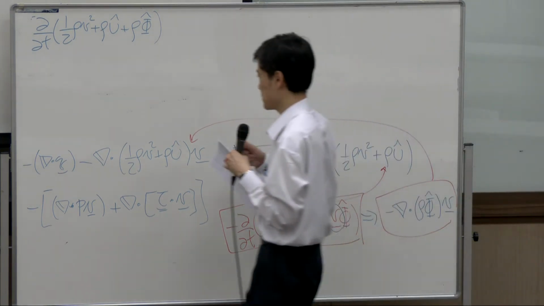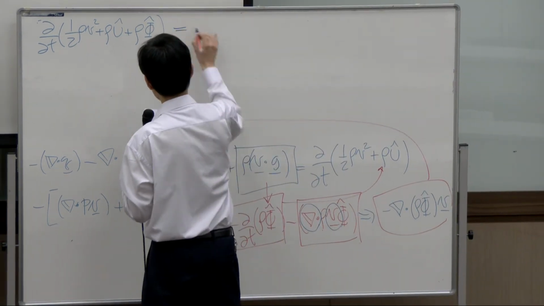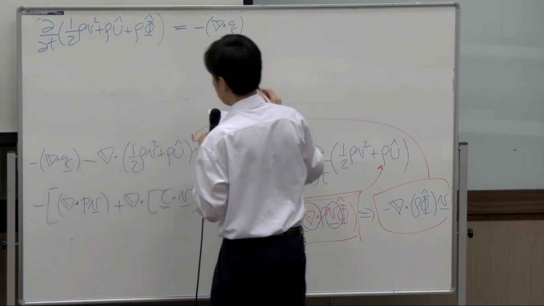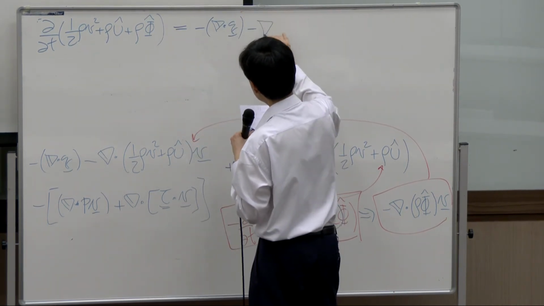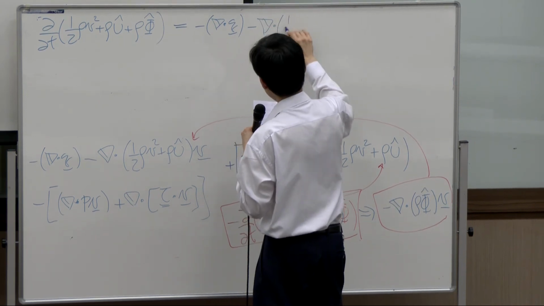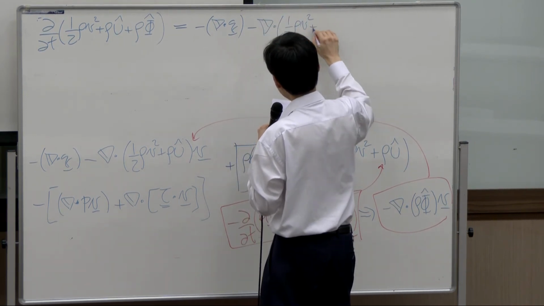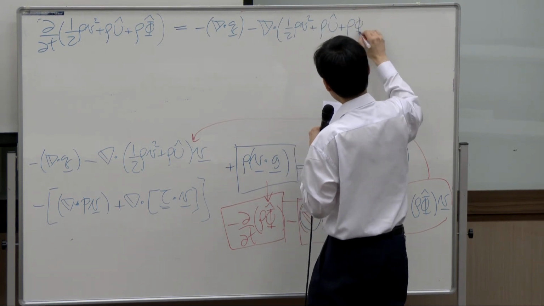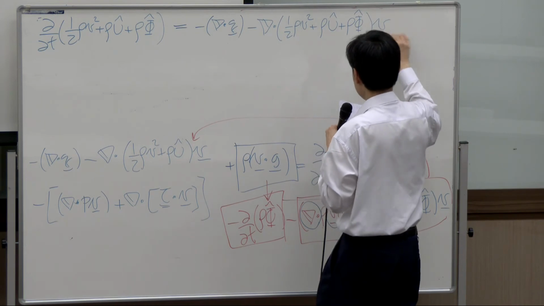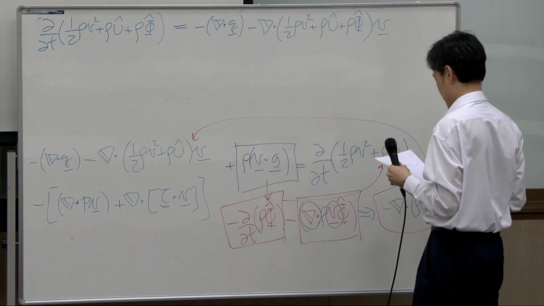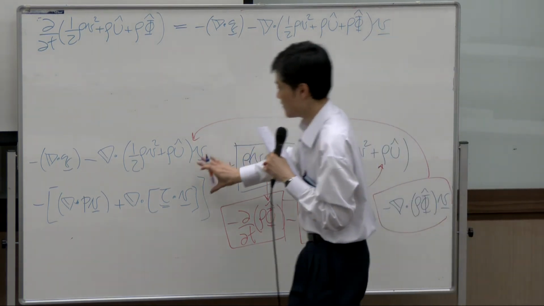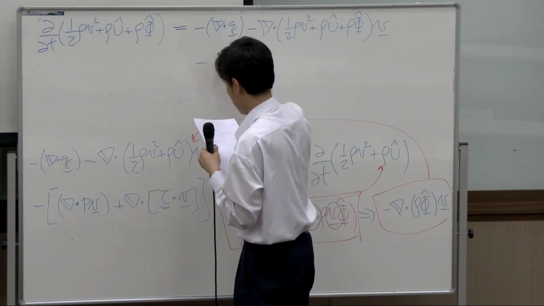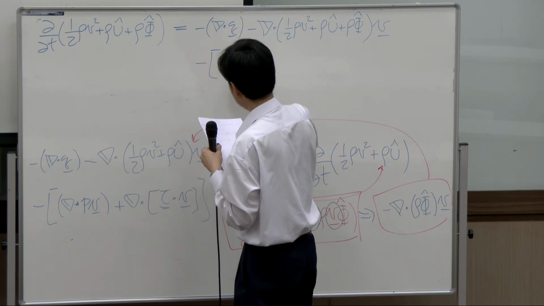Doing so, I get this Q unchanged, and then this term, I have kinetic energy, internal energy, and potential energy added. And this work term, the flow work term, remains the same.